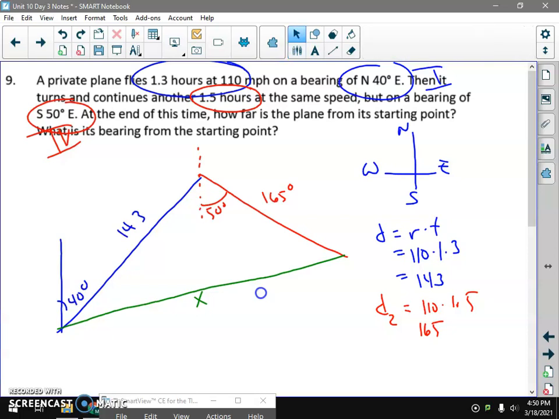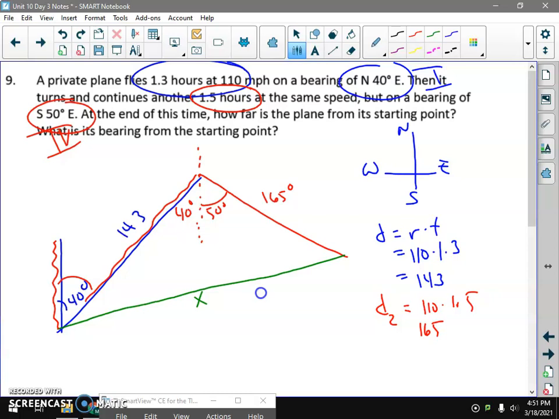So the first thing I got to do is look at that blue, red, green triangle and figure out how am I going to find that. Okay? Starting right here. Another geometry concept, very cool, is I see a Z. This here, and this here. So therefore, if that's 40 here, that's 40 there.